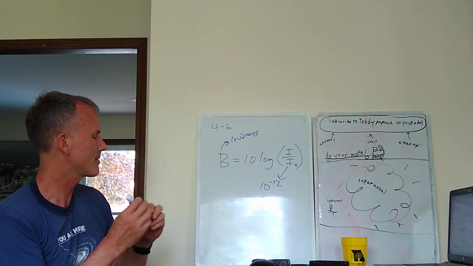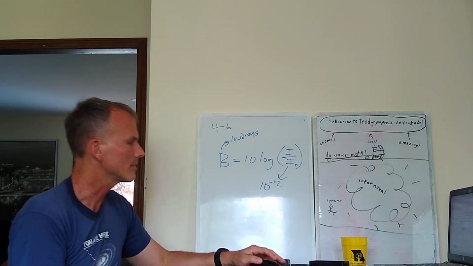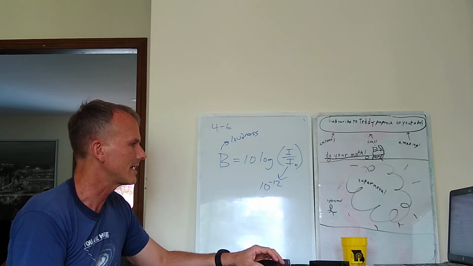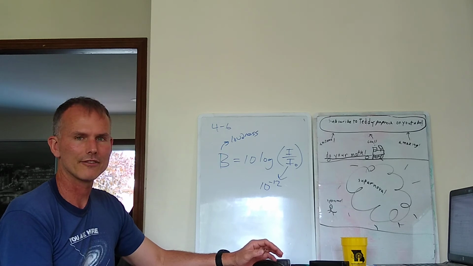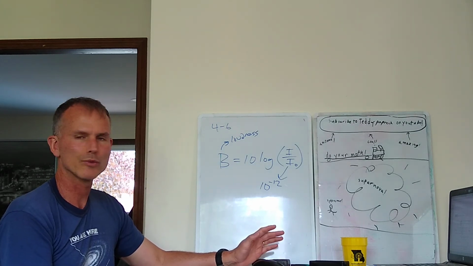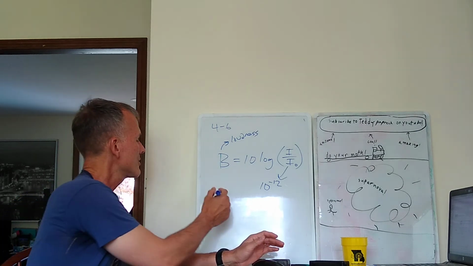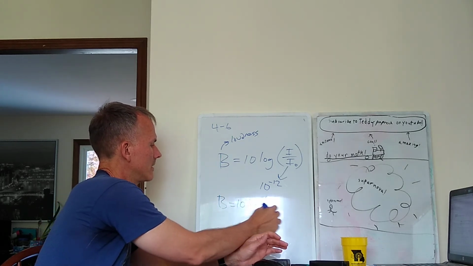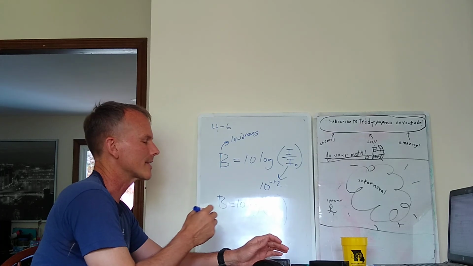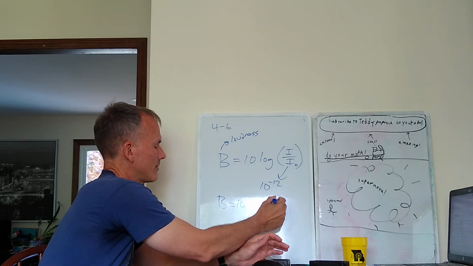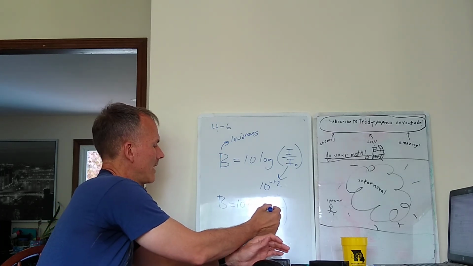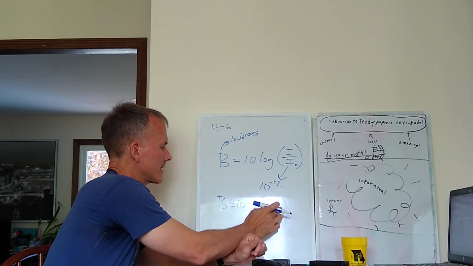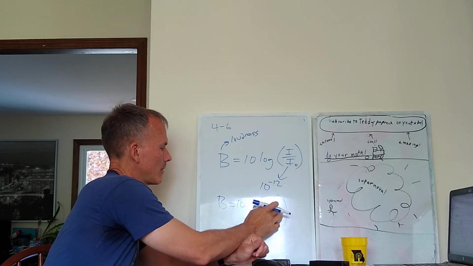Now, let's think about this for a second, and I'm looking at an example here. It says find the decibel level of a jet engine at takeoff if the intensity is 100 watts per square meter. So to find the decibel level, I take 10 times the log of the intensity, 100, divided by my I naught, which, whoops, I wrote 10 to the negative second, that should be 10 to the negative 12th.